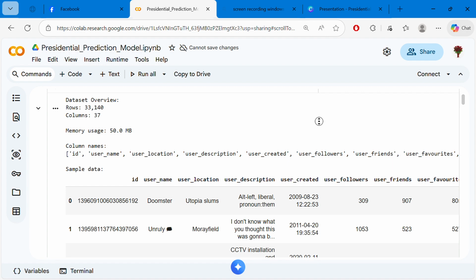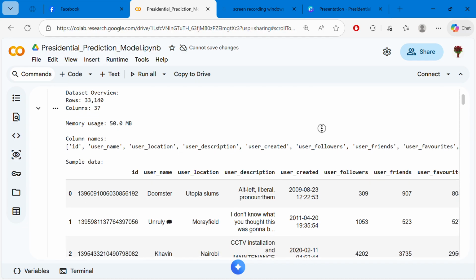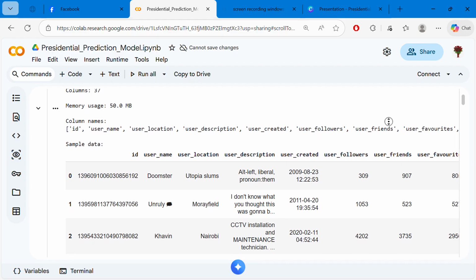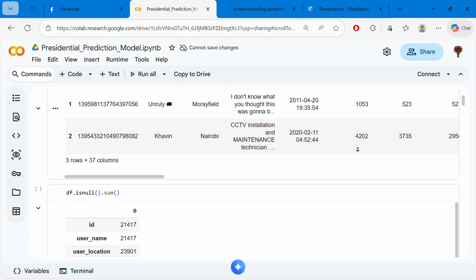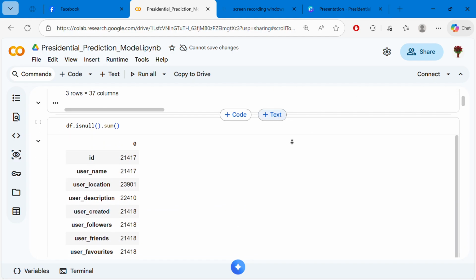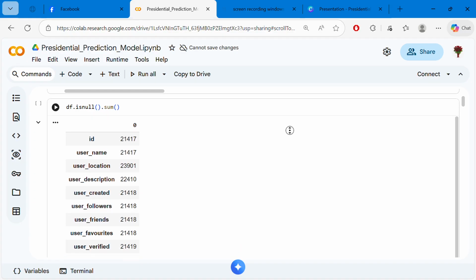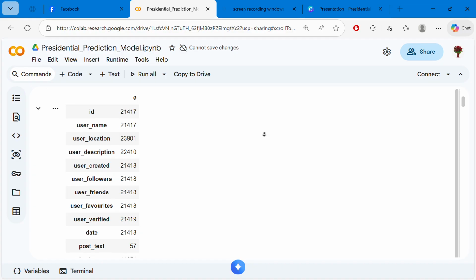The columns are named: ID, username, user location, user description, user created (the creation date), user followers, friends, favorites, and the rest. We found that we had some null values, analyzed here in the ID column and username.